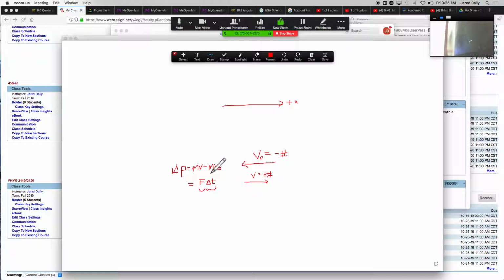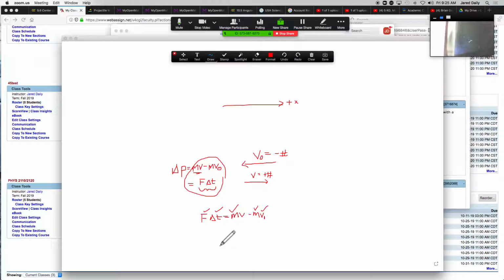But this is the thing they want us to solve. So this equation here is the one we want to use. The force times delta t equals mass times velocity final minus mass times velocity initial. We know the mass, we know the velocity initial, we know the change in time, we know the force, and we're done.